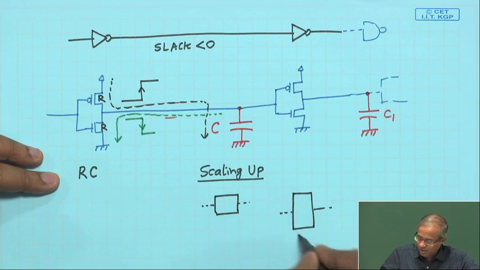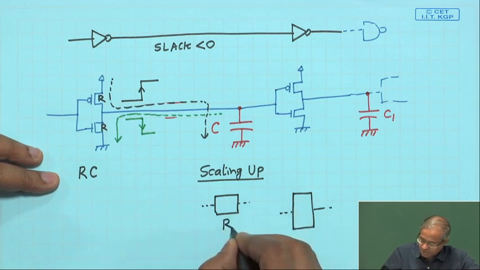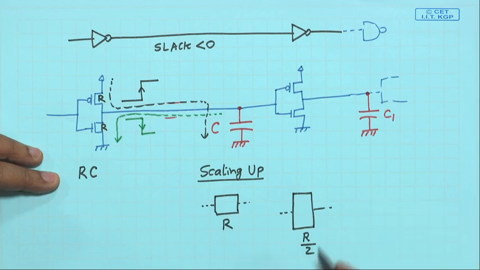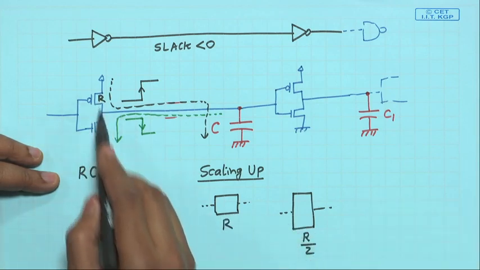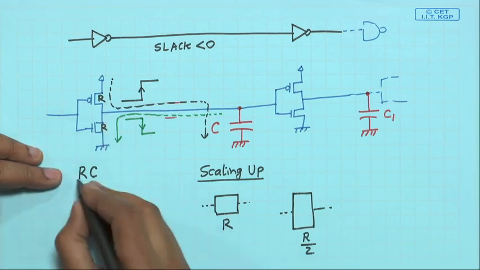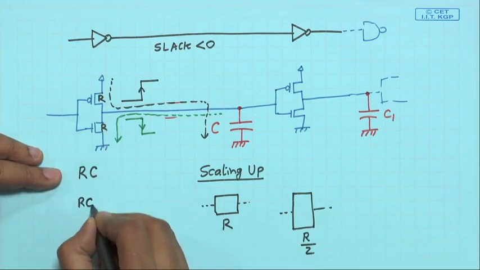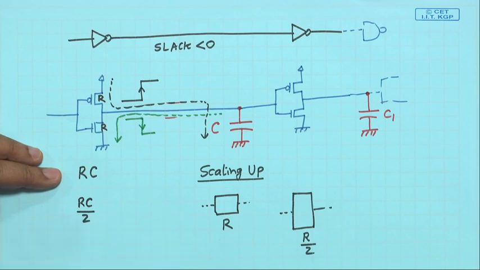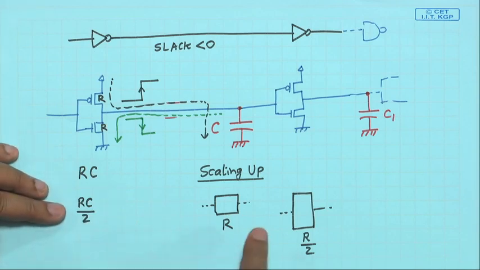If the resistance of this was R, this resistance will become R by 2, right. So, if I scale up the transistor, make it bigger, let us say R by 2, then my delay will become RC by 2, right. Similarly, if I want to increase the delay, I can make it narrower, I can make it 2R.